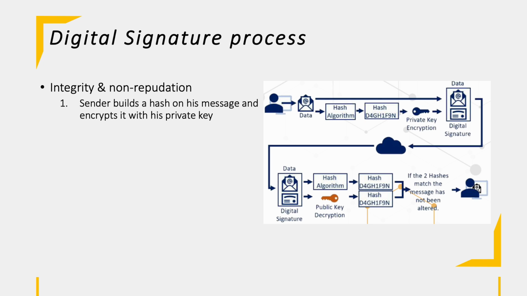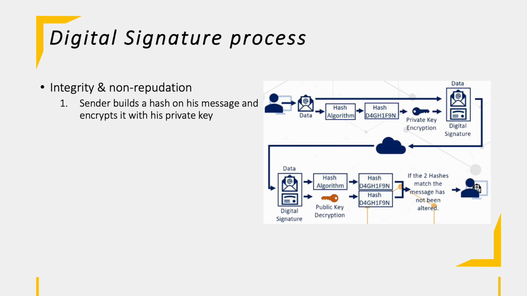So digital signature from a process perspective: a sender wants to send data. Could be anything, any kind of data. Could be a mail, could be a file, could be a message, whatever. And in order to do so, the sender does not only send the data itself, but also runs a hash on the message and encrypts the hash with his own private key.